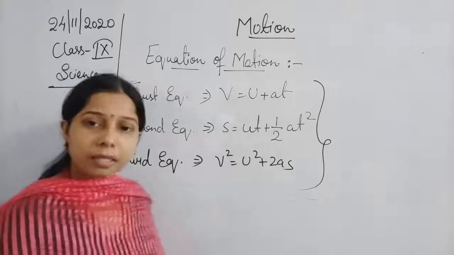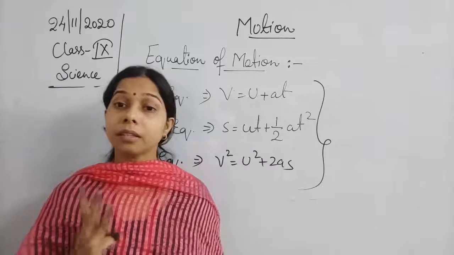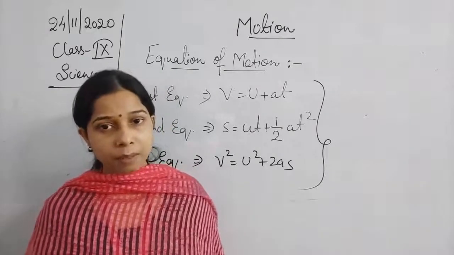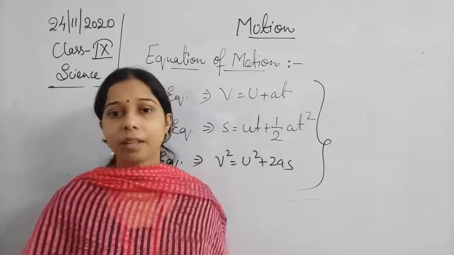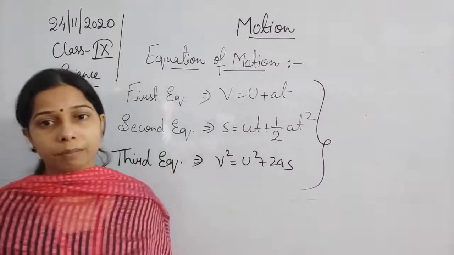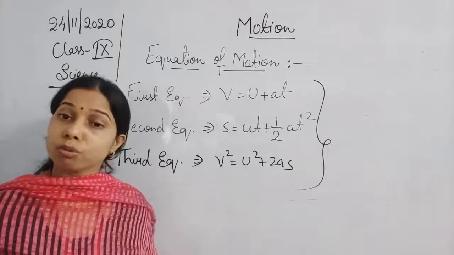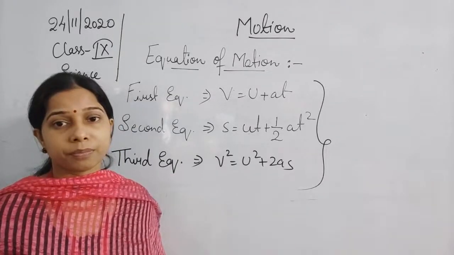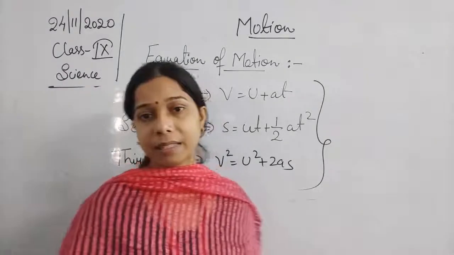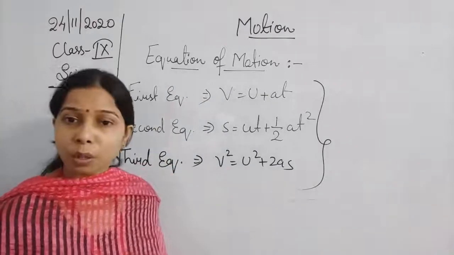We have to understand the question first, then what we are going to find, then what things are given in the question, and on that basis you are able to pick any of the three equations of motion to solve the respective question. So first of all try to understand the question, and then on that basis you will select which equation will be applied in that particular question.